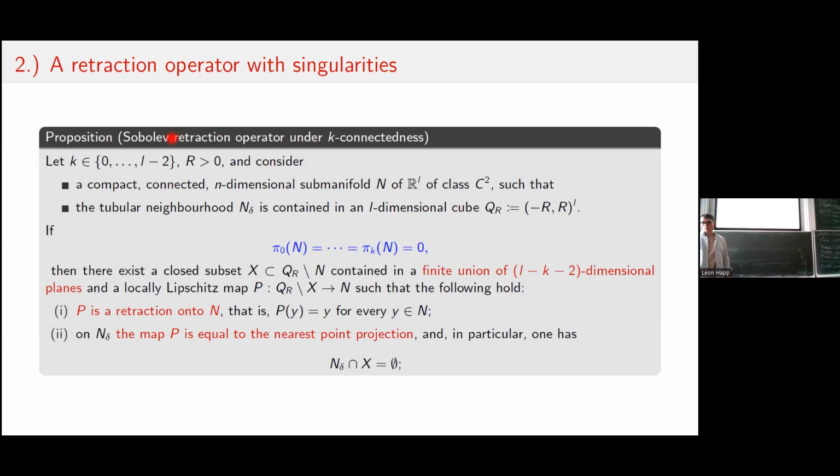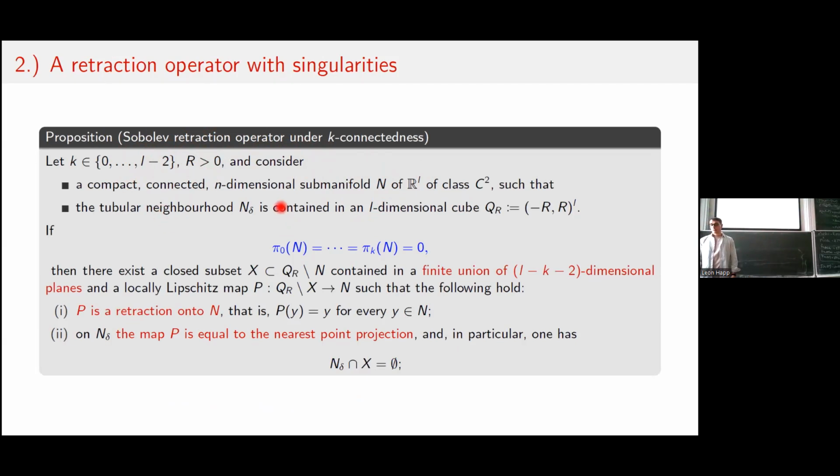We take some k between 0 and L minus 2. We assume that we have some target manifold, which is given as before. And we put everything in some box. So we assume that for some value R, capital R bigger than 0, your tubular neighborhood is already contained in some Q of side length R or 2R.